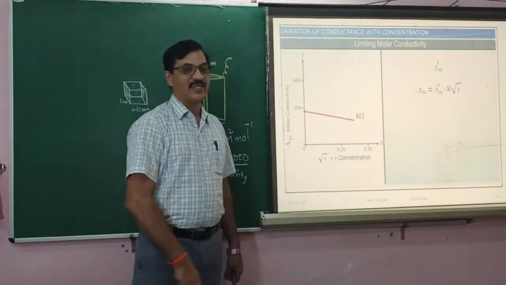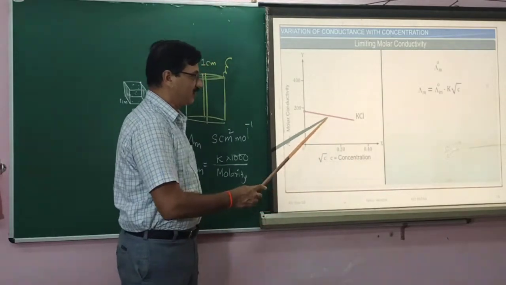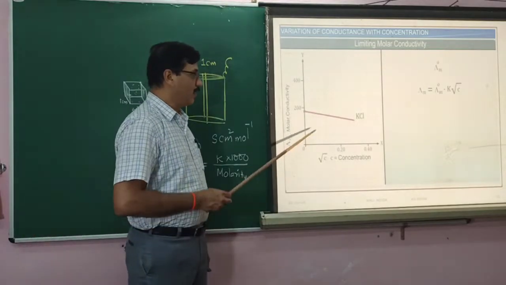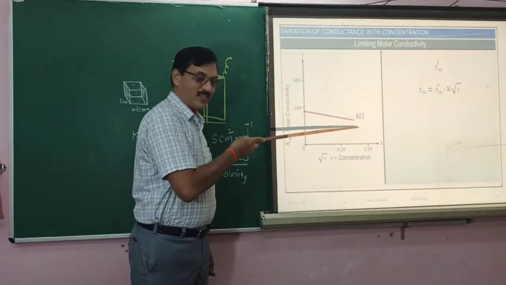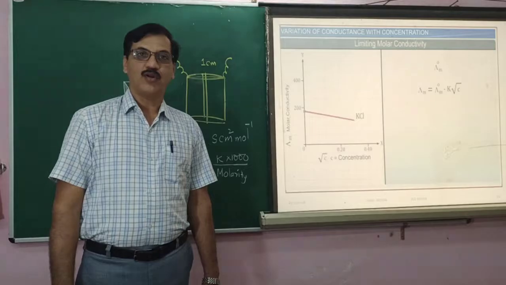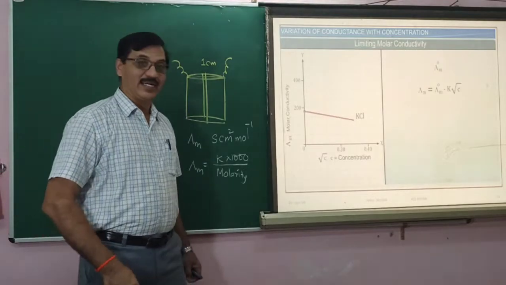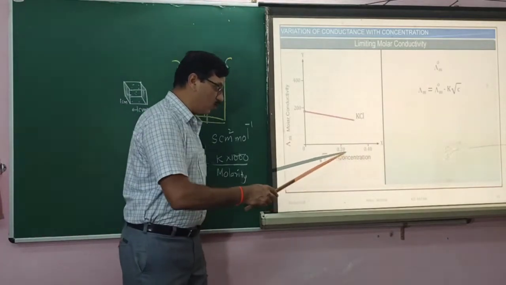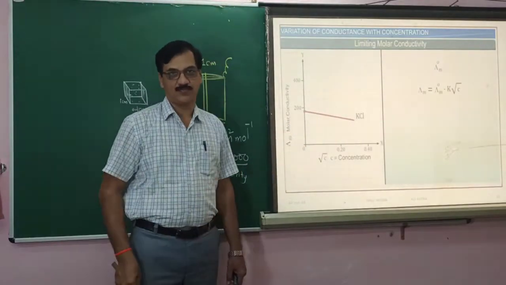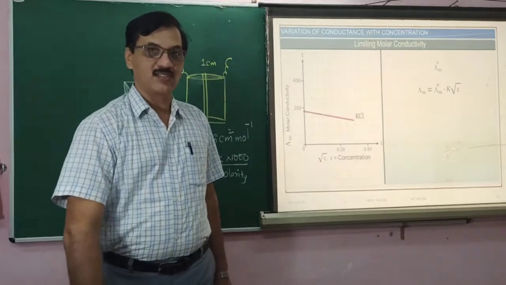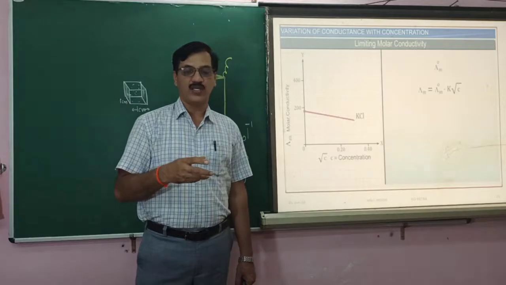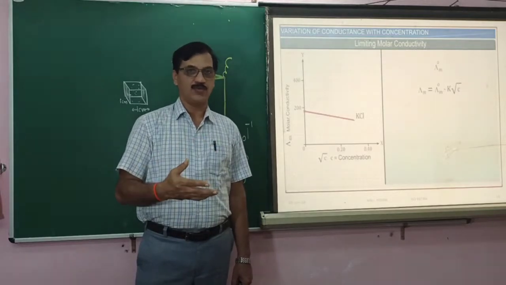For an electrolyte like KCl, we find a straight line like this. And also what we find is the molar conductivity value decreases as the concentration increases. Or it can be told in this way: on dilution of a solution, molar conductivity increases. Molar conductivity increases because of the mobility of ions, which is easily possible on dilution.